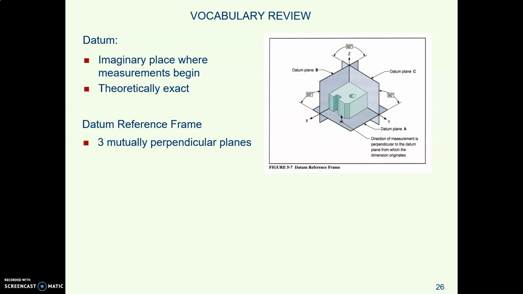So just to review, the datum is the imaginary place from which measurements are taken. It's theoretically perfect. The datum reference frame is those 3 mutually perpendicular planes that are theoretically perfect and theoretically 90 degrees apart.